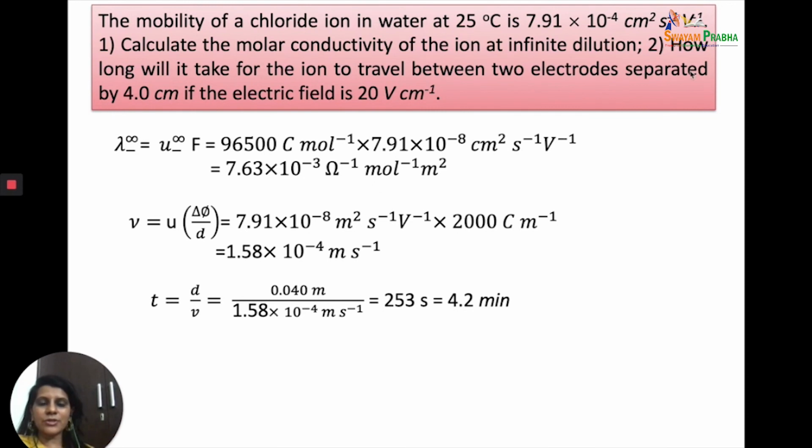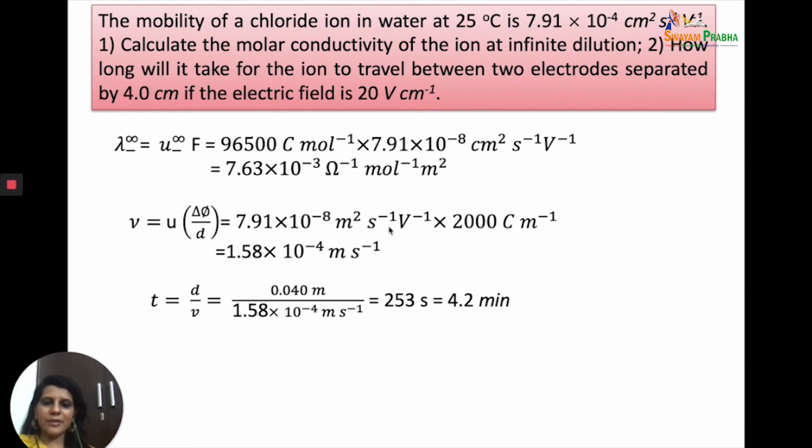Now the next question was, how long will this ion take to travel between the two electrodes separated by 4 cm if the electric field is this much? What was U? U was given as V upon delta phi by D. So V will be equal to U into delta phi by D. Speed is equal to mobility into potential gradient.